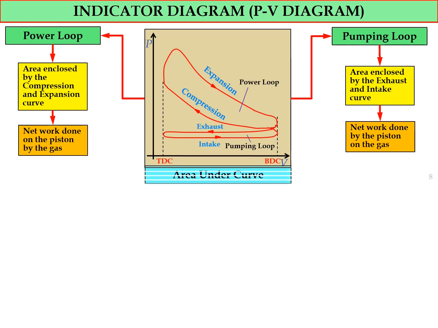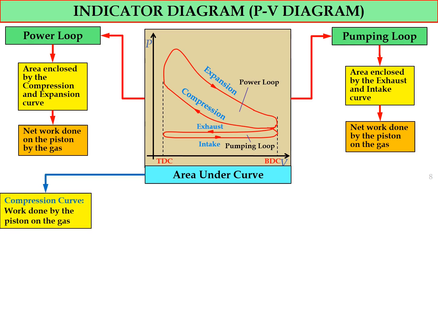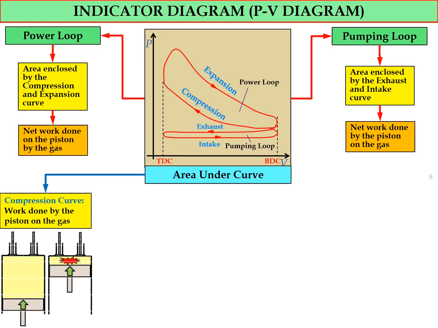Okay. So the area under the curve on the PV diagram gives the value of work done for the specific process. For example, if we calculate the area under the compression curve, we get the work done by the piston on the gas. This is the work done during the compression process, when the piston moves upward and compresses the fuel plus air mixture inside the combustion chamber.